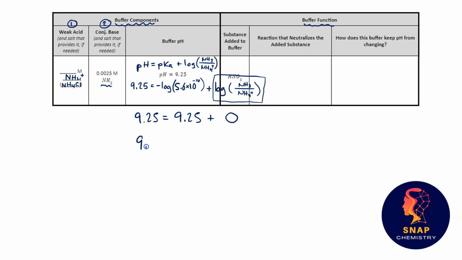A little bit of extra information that you may or may not know. Let's write this a little bit of a different way. The way you're going to get a 0 when taking the log of something is to have the thing you're taking the log of be a value of 1. The log of the number 1 is 0. So what I really need is that ratio of base to acid to simply be 1. And since I know the ammonia concentration is 0.0025, let's fill that out.